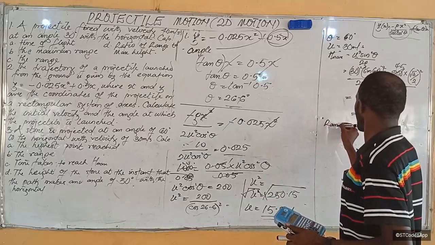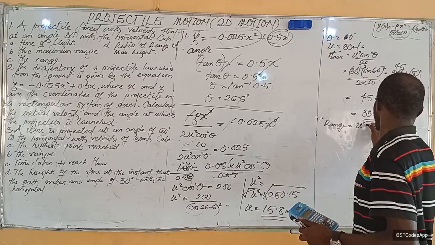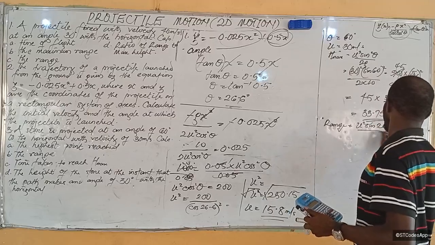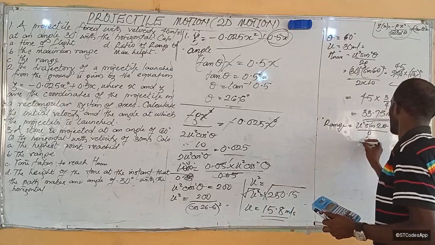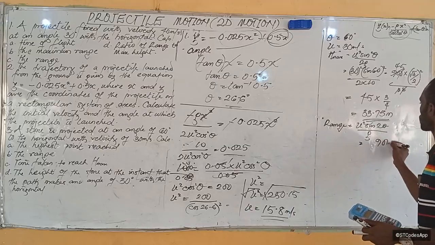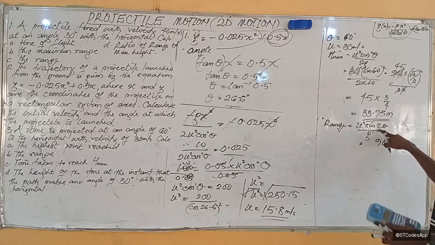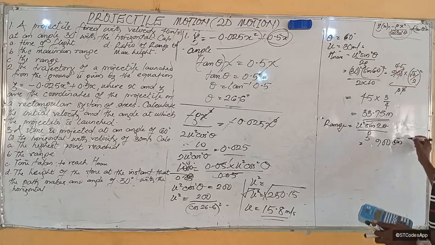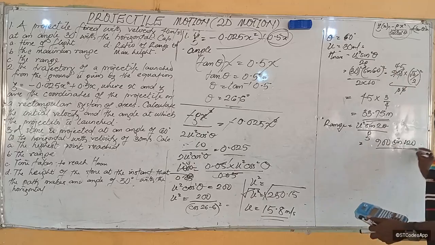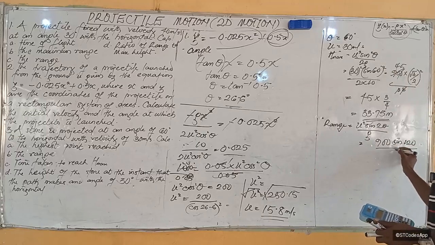So to calculate range here, the same formula, u squared sine 2 theta over g, right? So u squared again, 900. You square 30. Sine 2 theta, 2 times 60, that is sine of 120 over 10.